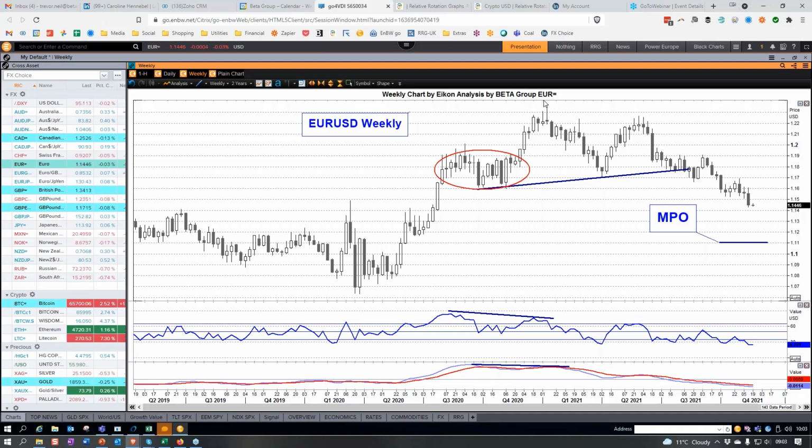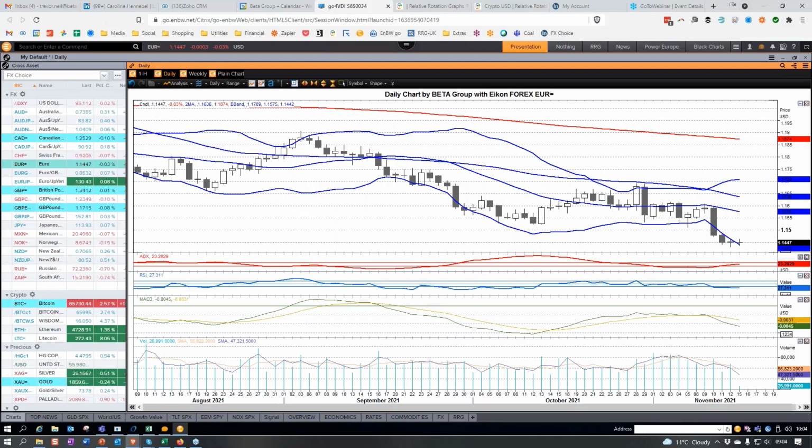And the count from the head to the neckline, if you count down from the break point to here, is 111. So that's a long-term target, obviously, but it does look like we're headed towards 111, where we do pick up a lot of prior 2019, 2020 support. The MACD on a weekly basis is negative, on the daily basis is also negative.